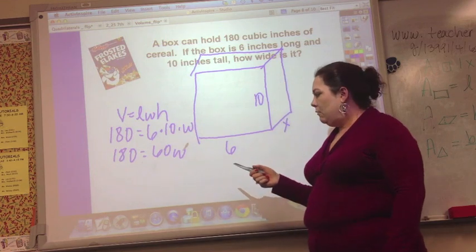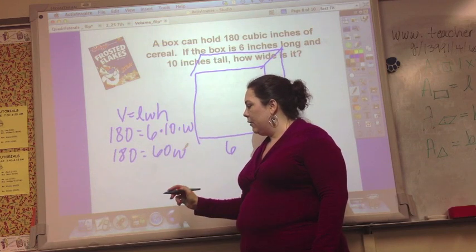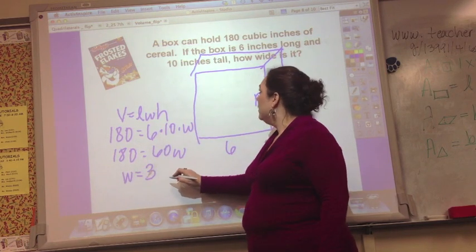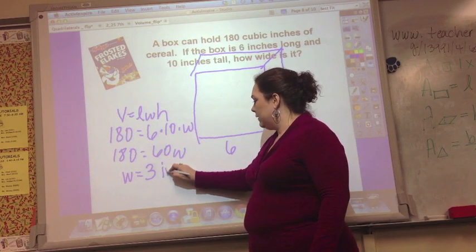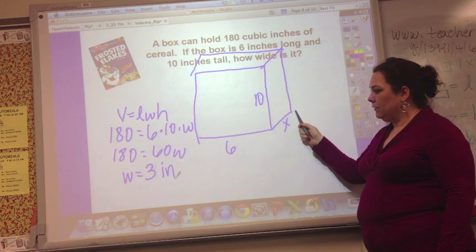So I know that 3 times 6 is 18, and then the 0 would come across. So my width equals 3, and that's inches. And it's not cubed because it's just this dimension.